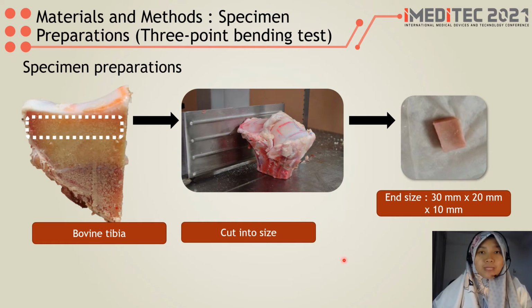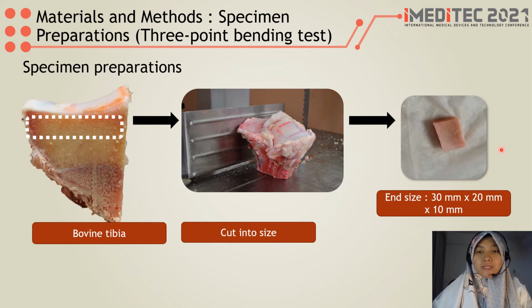For the three-point bending test, cancellous bone specimens from the tibia of bovines were extracted and cut into sizes of 30 mm by 20 mm by 10 mm.